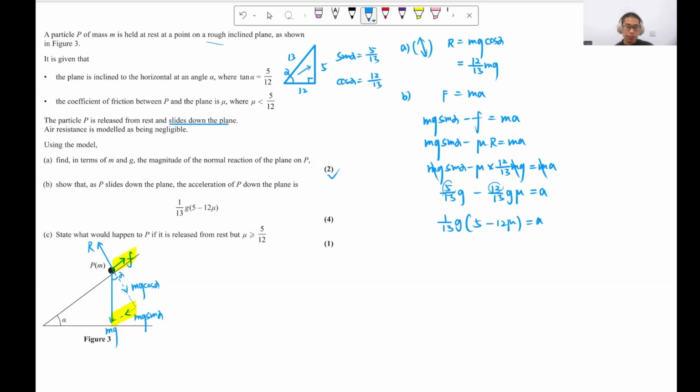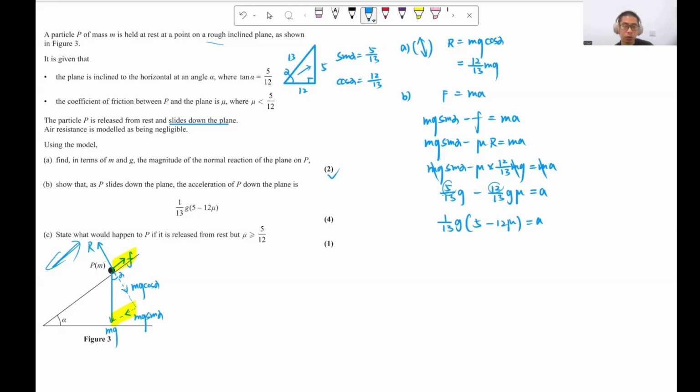Okay. And then part C, state what would happen to P if it is released from rest, but mu is more than or equal to 5/12. So as long as they're talking about whether the particle is going to move, we need to check the direction which is parallel to the slope, because if the particle is going to move, it has to move alongside the slope.